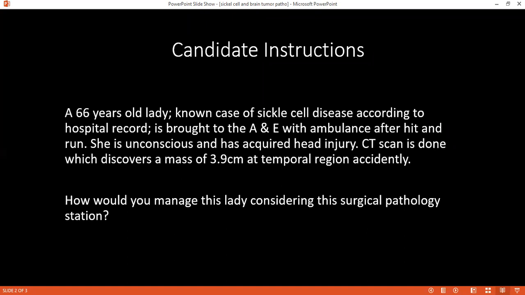Also trauma. Can you mention some acute complications that can result from this condition?